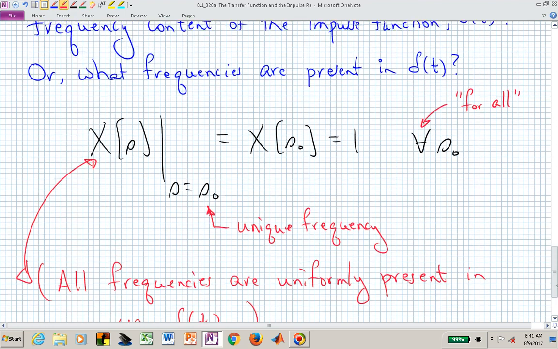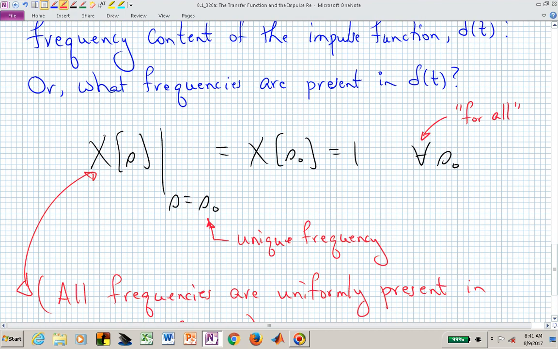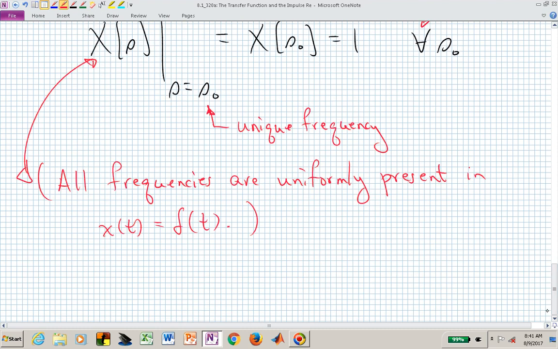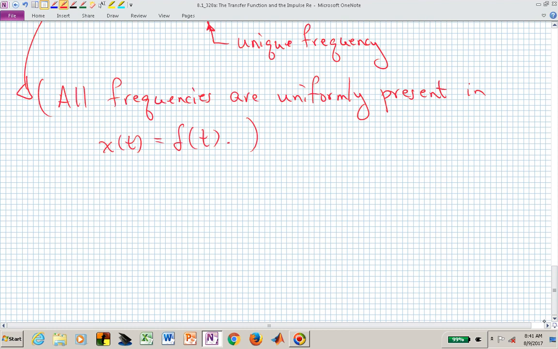If we wanted to excite the system with any frequencies, then this impulse is a very good candidate to make that happen. Because it has a value of 1 for all frequencies, it's exciting every possible frequency in the system, and that's going to tell us a lot about the behavior of our system.